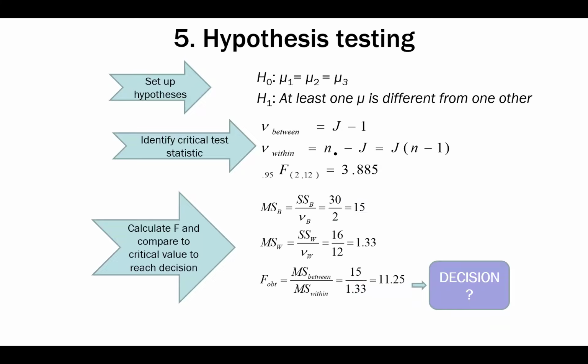You compare your obtained F to your critical value. If the obtained F is greater than the critical value, you reject the null hypothesis. If it's less than or equal to the critical value, you retain the null hypothesis. Your decision in this case: reject the null hypothesis. Hooray!